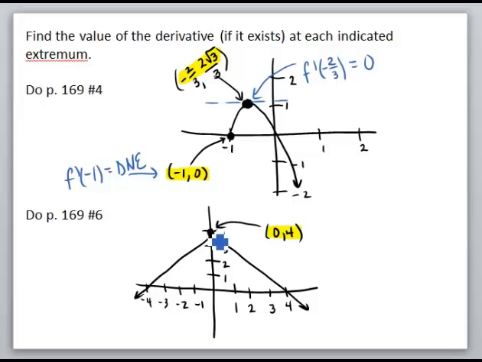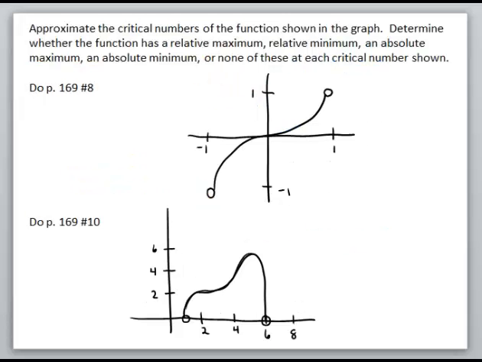I can see at 0,4 this is a corner, and I know that the derivative at 0 then does not exist because derivatives do not exist at corners. So when you're asked to just find the value of the derivative, all you're really doing is seeing whether it does not exist or equals 0.